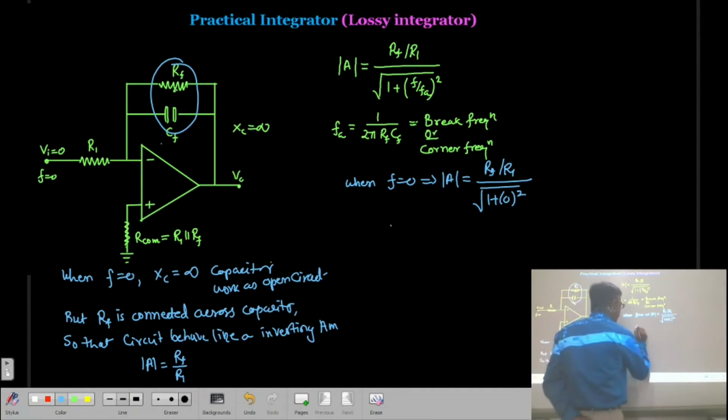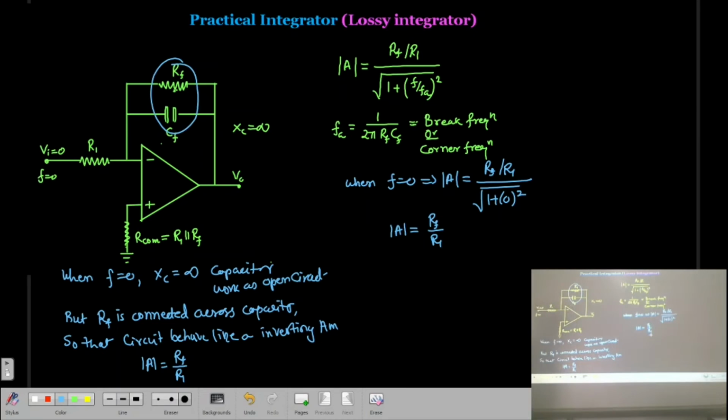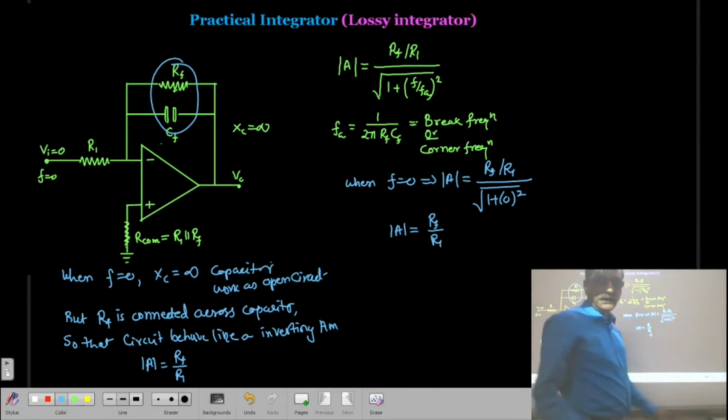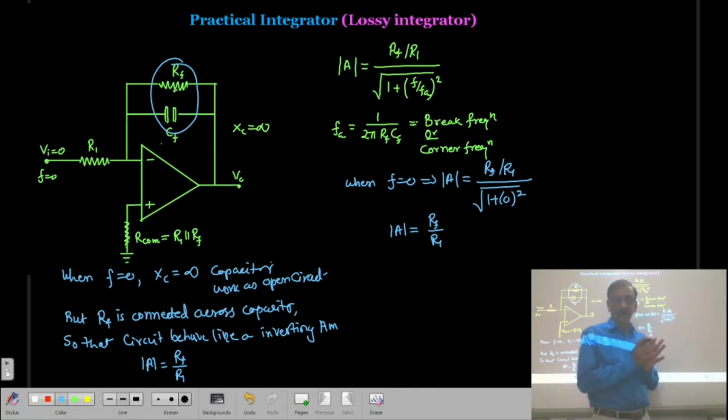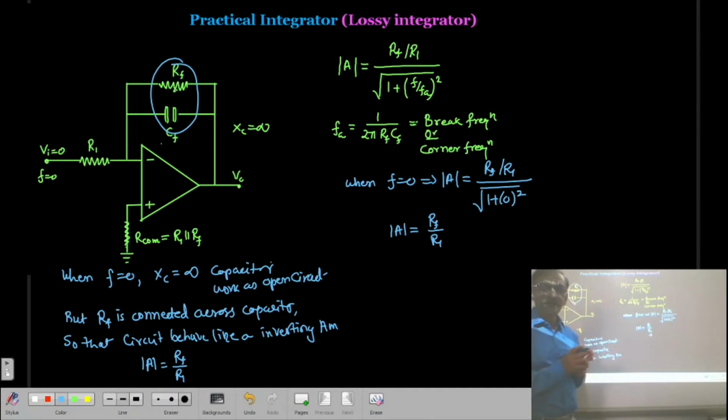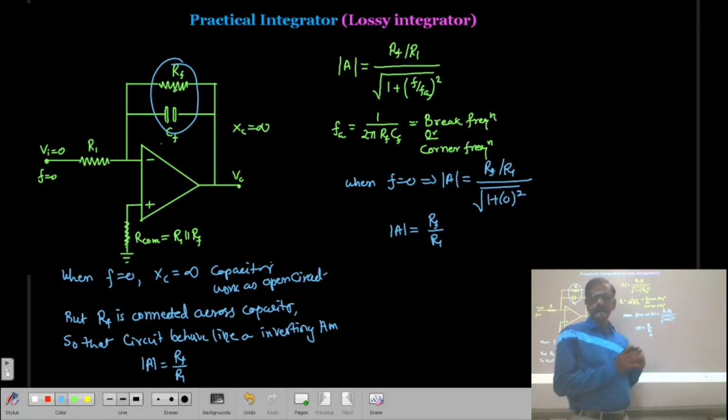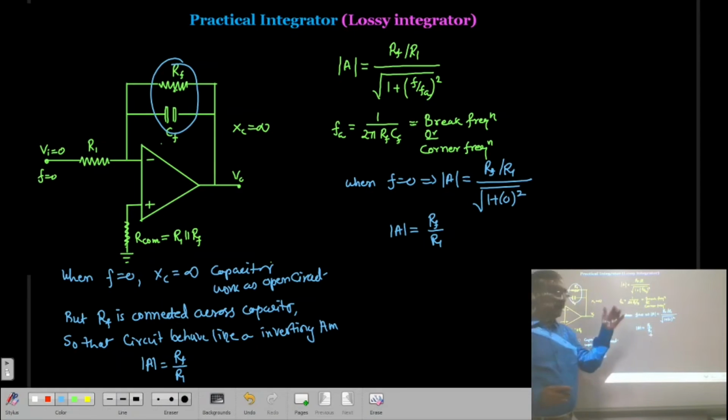So the gain of the amplifier is simply Rf by R1. And Rf by R1 indicates what? That when your input voltage is DC, the OPAMP behaves like an inverting amplifier, where the gain is given by Rf by R1. So initially in a basic integrator we have seen the gain of an integrator was infinite. Now it has reduced to Rf by R1.